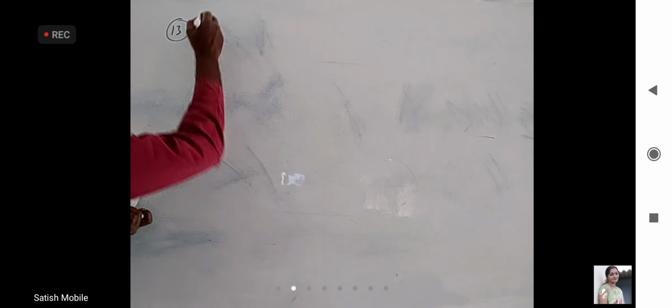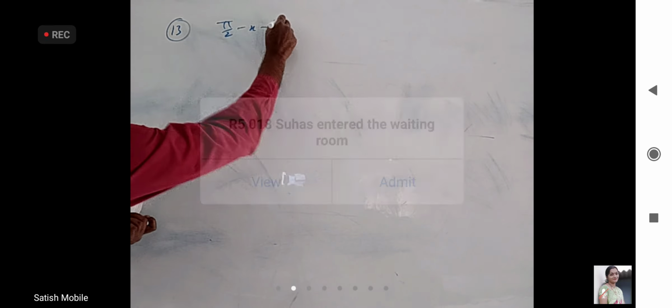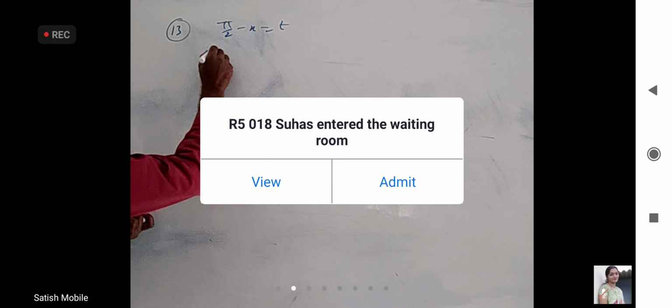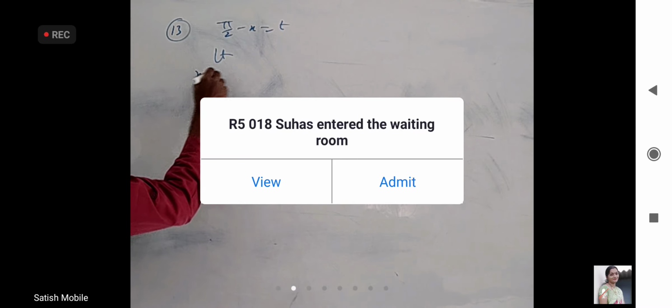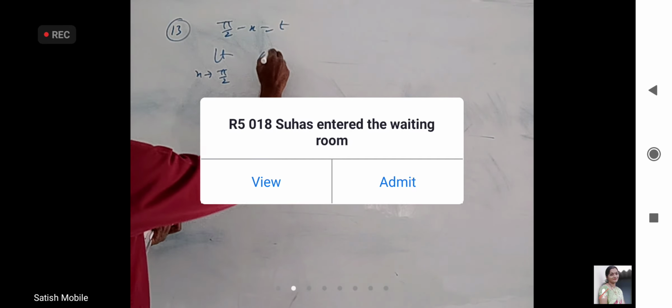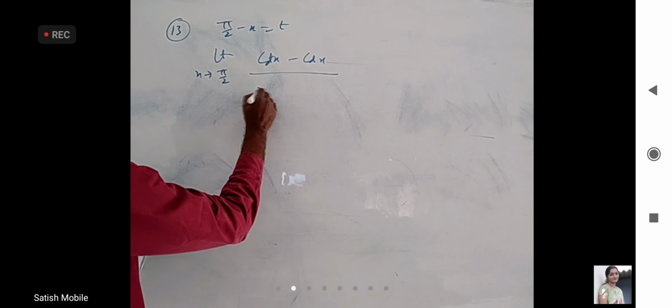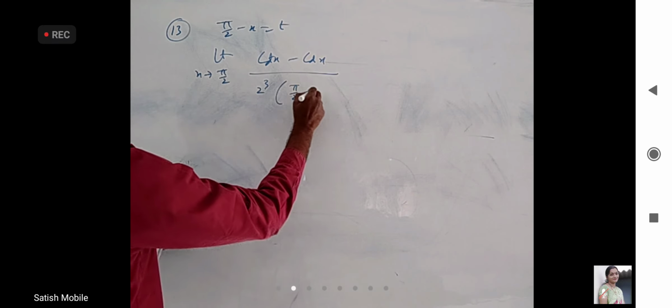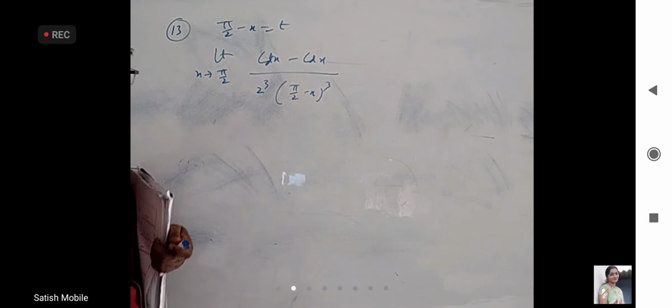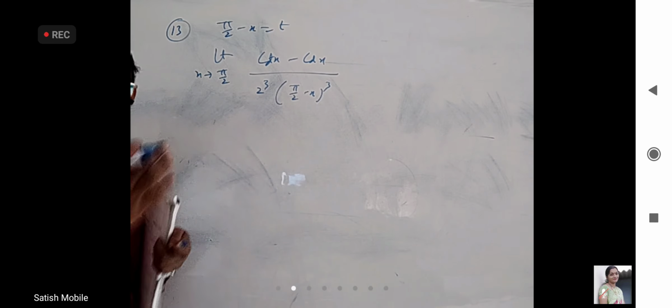Okay. Pi by 2 minus x, I am going to take as t. Before that, the question is limit x tends to pi by 2, cot x minus cos x, and in the denominator, if I take 2 cube common, it will be (pi by 2 minus x) whole cube. Generally, tending to 0 is more convenient in limits.